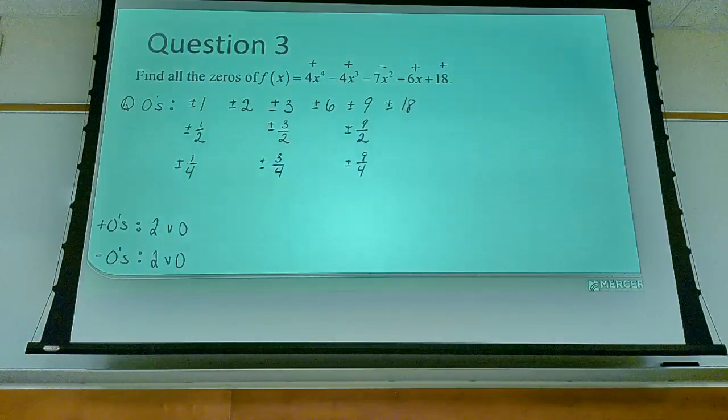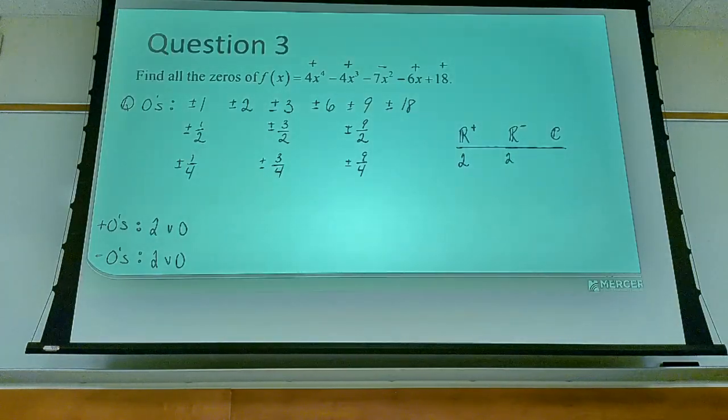Now to list out possibilities. Start with the case of having 2 positive real zeros. You could get 2 negatives, right? So there'd be no complex. But you could also get no negatives.